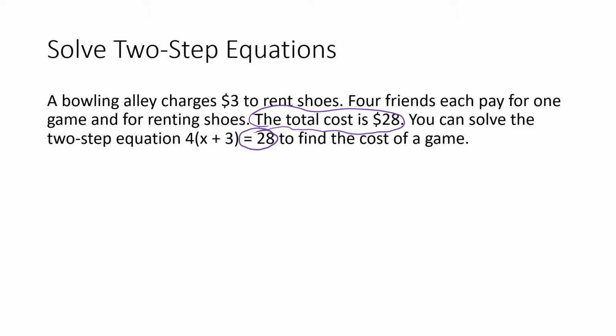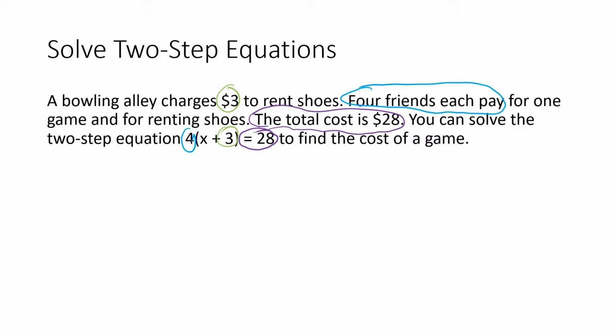Okay. So the bowling alley charges $3 to rent shoes. So $3. There's that $3 there. 4 friends. We're going to use a new color here. We're going to use light blue. 4 friends each pay. So that is the 4 there. For one game and for renting shoes.